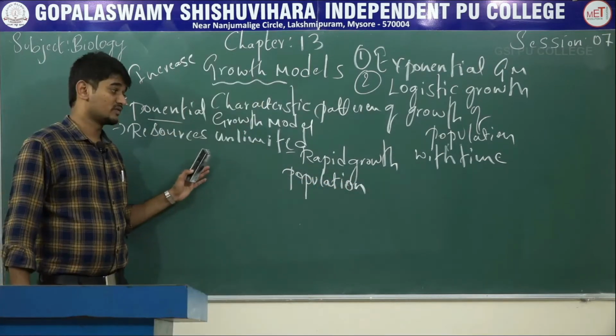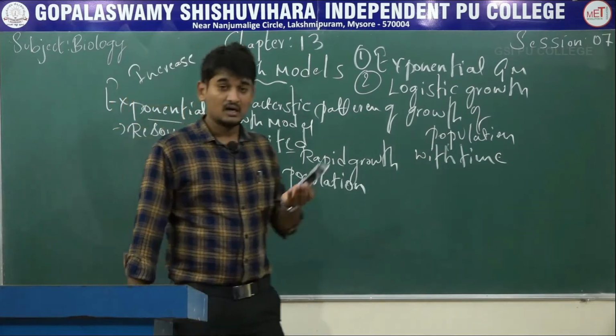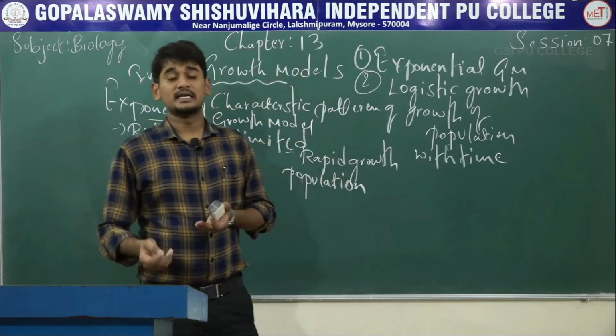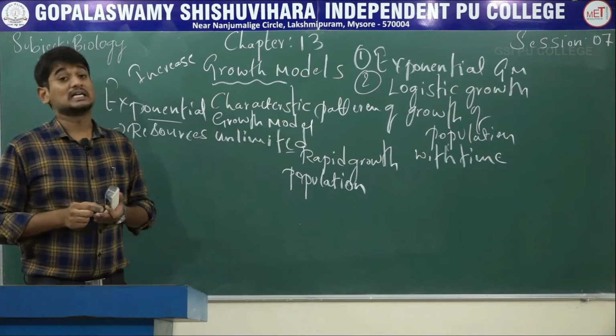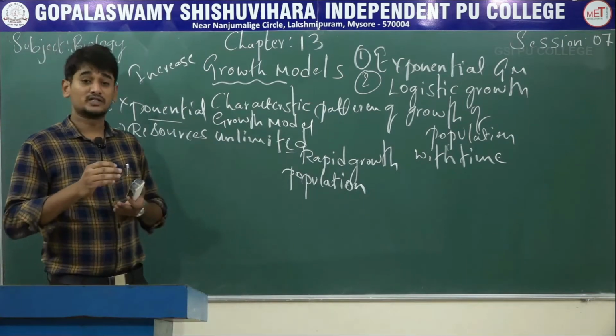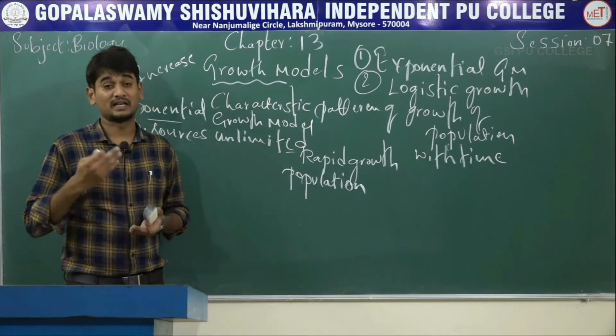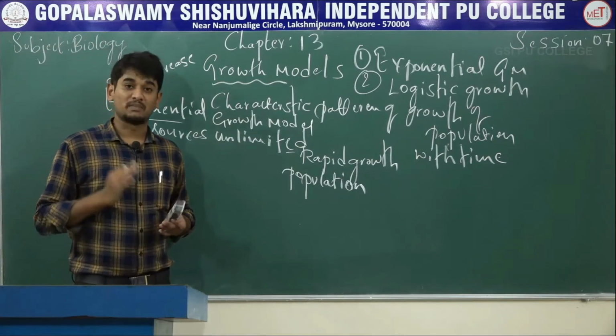This type of growth we can observe in laboratories, for example a bacterial population. In a Petri plate, the bacteria get unlimited food and space and show rapid population growth.